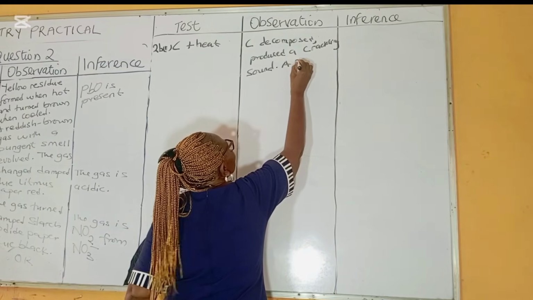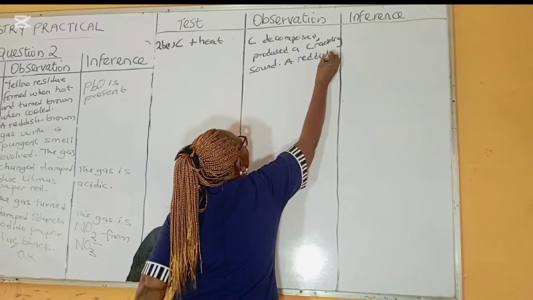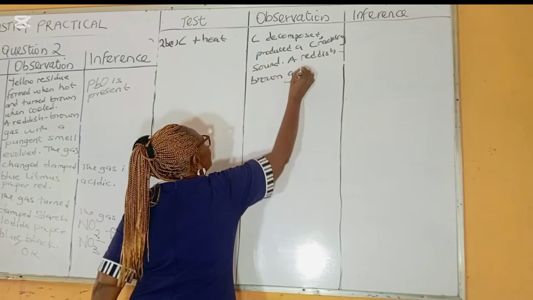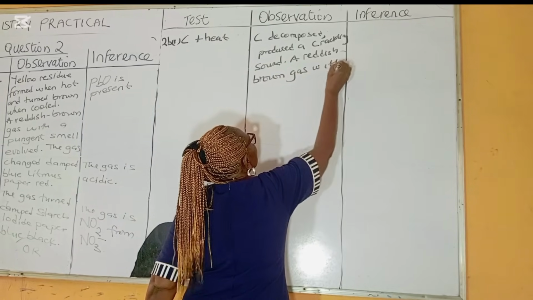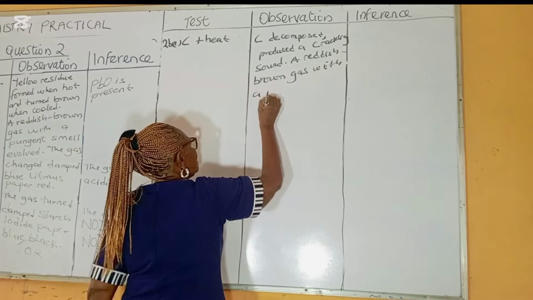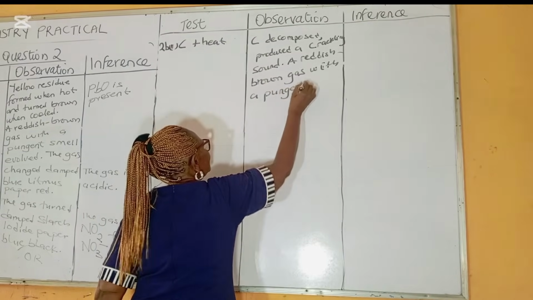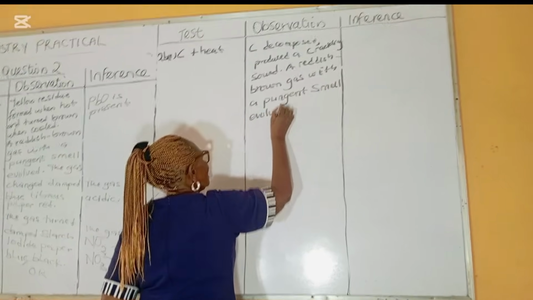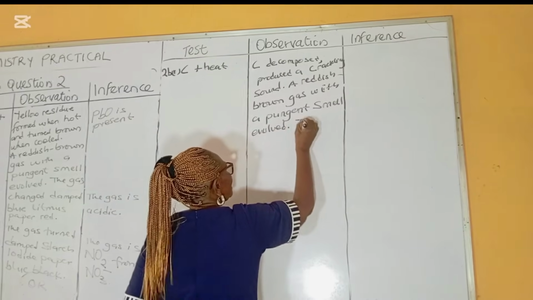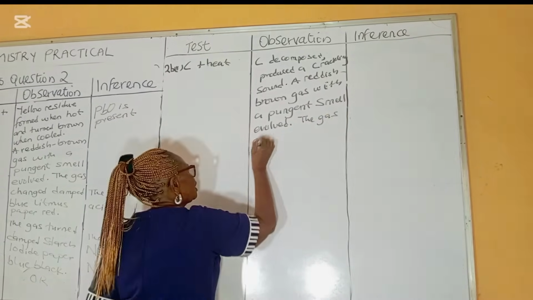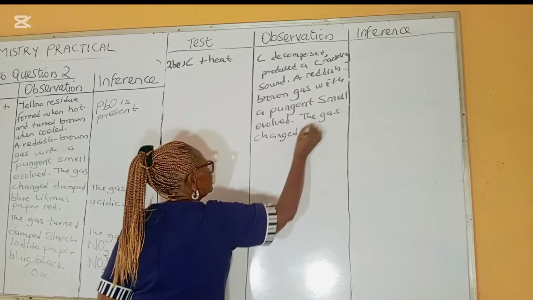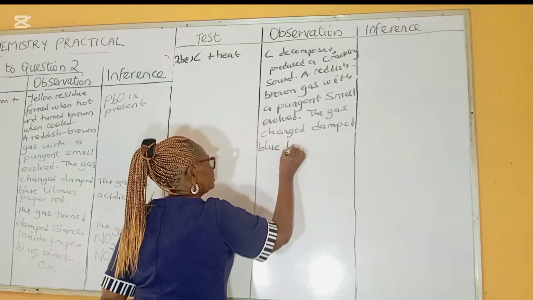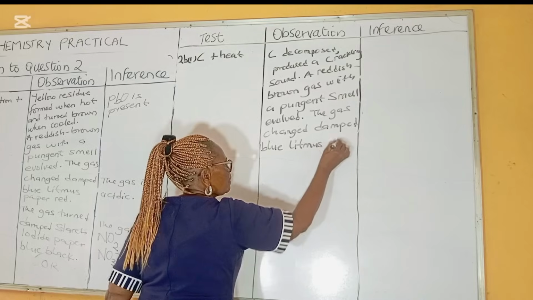A reddish brown gas with a pungent smell evolved. The gas changed blue litmus paper red.